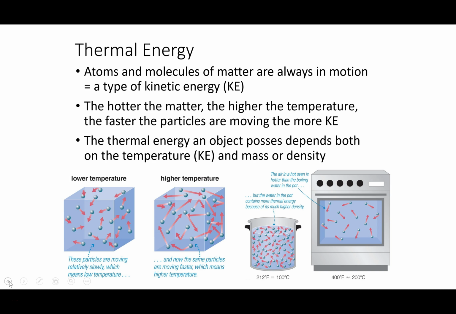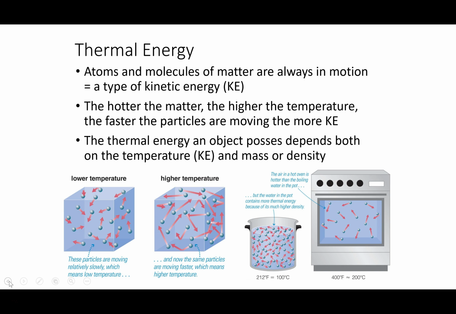Here's the deal, and we have to quantify this when we talk about temperature. If we want to translate it to thermal energy content, we have to talk about how fast the particles are going, how much kinetic energy they have, and how much mass or density they have.